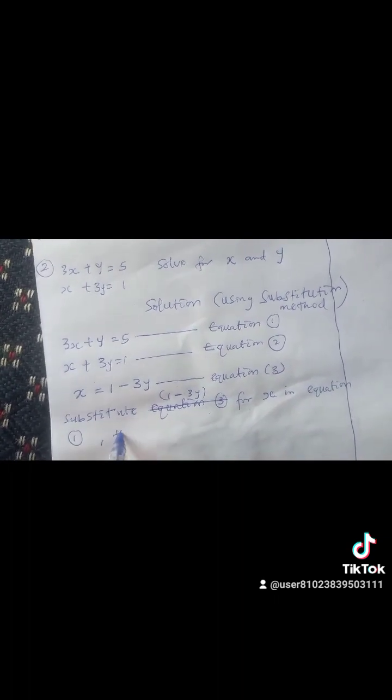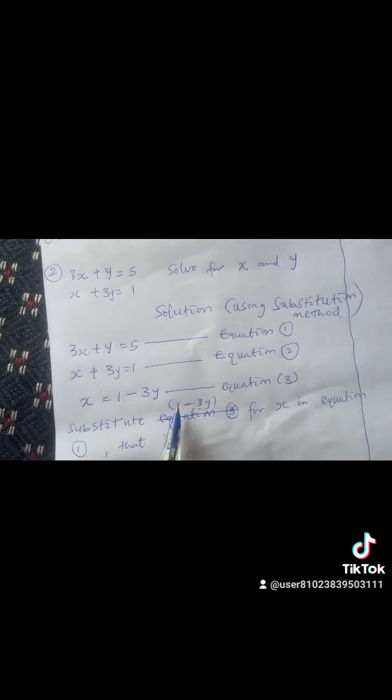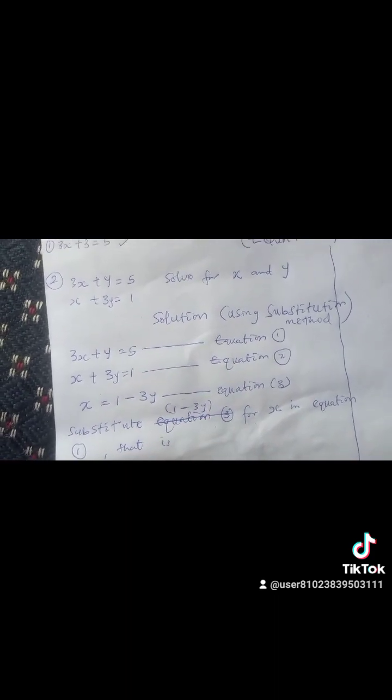That is, anywhere you see x, you put 1 minus 3y for x in equation 1.